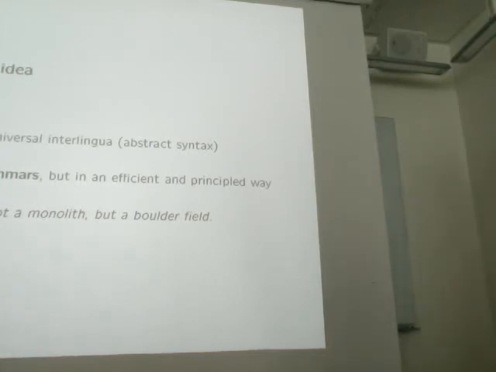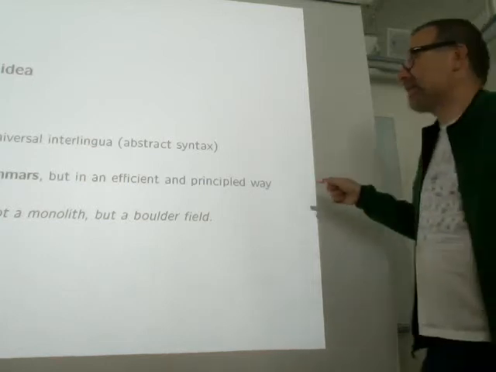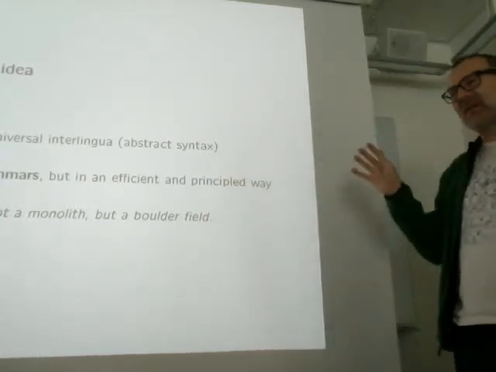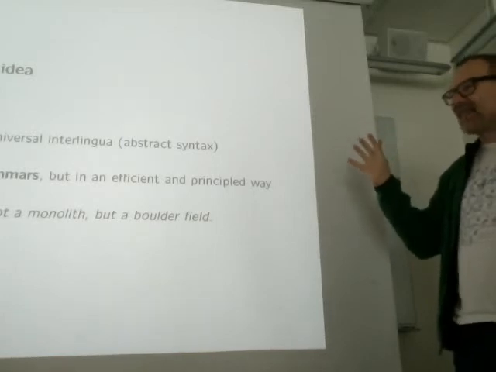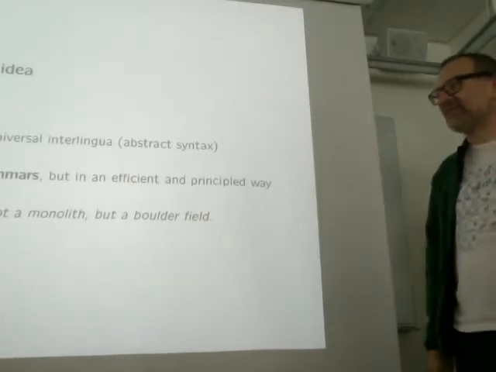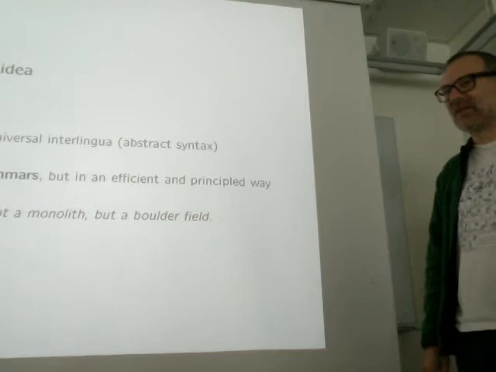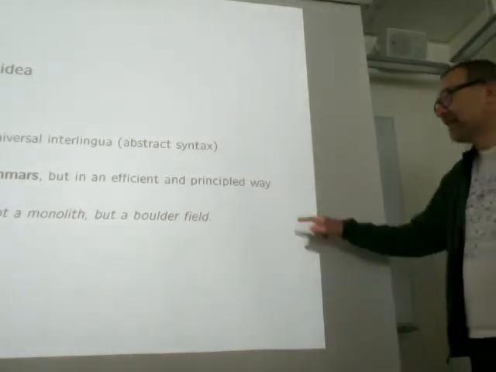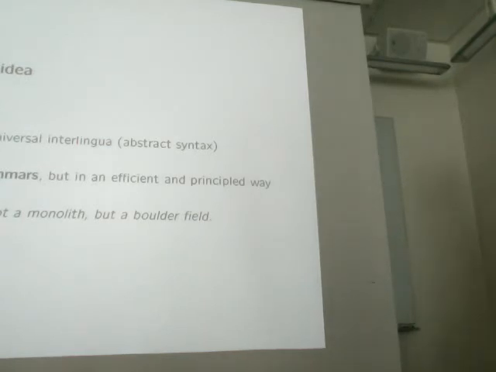And we don't want to wait until we have one, but rather we build domain grammars for things that we know, where we can say this kind of translation we can work with, and we build a translator for those. Weather reports were a good example of such a domain. But we want to do it in an efficient and principled way, and I will show what that means, so that it will not be too costly to build these domain grammars.